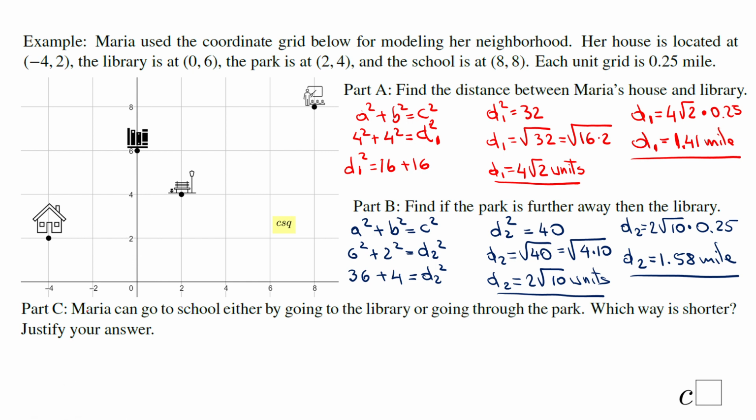Now let's go to part C, where we have Maria can go to school either way, by going to the library or going to the park. Which way is shorter? So she can go this way. Okay, so we have this d1, we need to find this distance. I'm going to go with d3. I'm going to use the same approach, this triangle, and this one is 1, 2, 3, 4 boxes, 4 units, but remember this, it goes by 2, so this is 8 and this is 2.